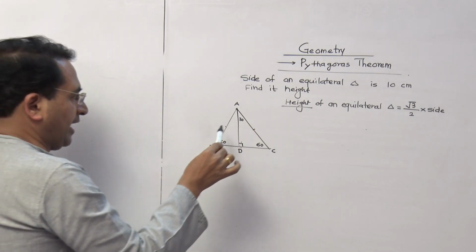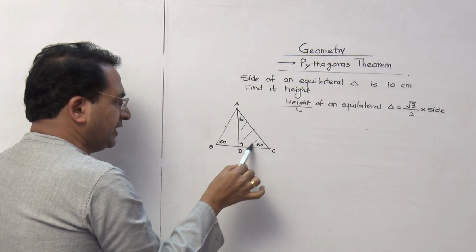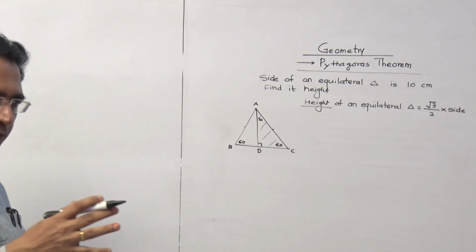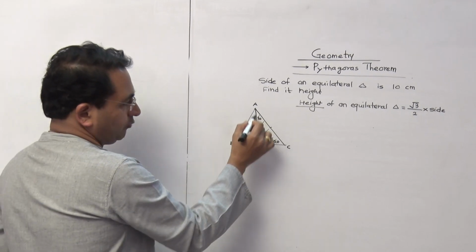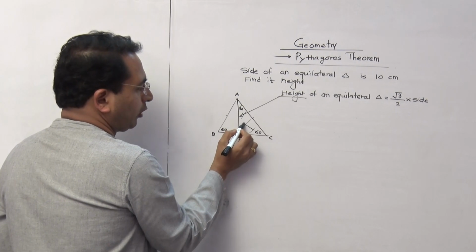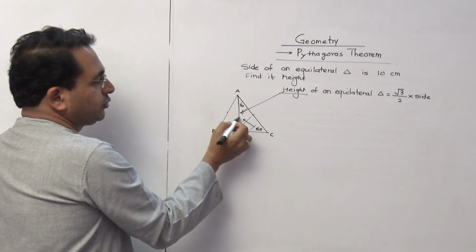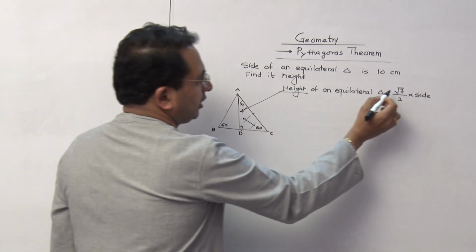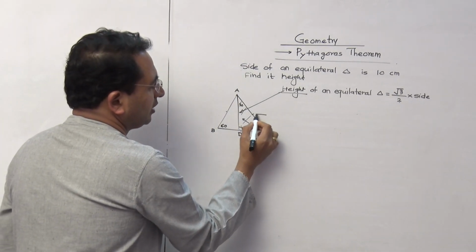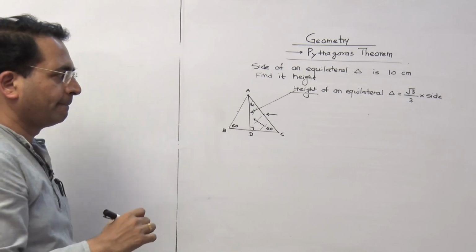So the triangle we observe here is a 30, 60, 90 triangle, and therefore this height is opposite to 60 degree, or not? And opposite to 60 degree is nothing but √3 upon 2 times the hypotenuse, and the hypotenuse is nothing but the side of the triangle.